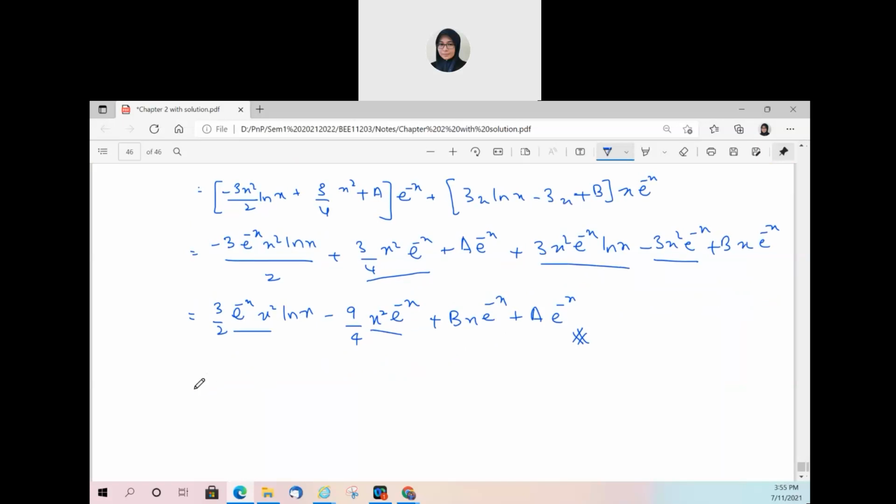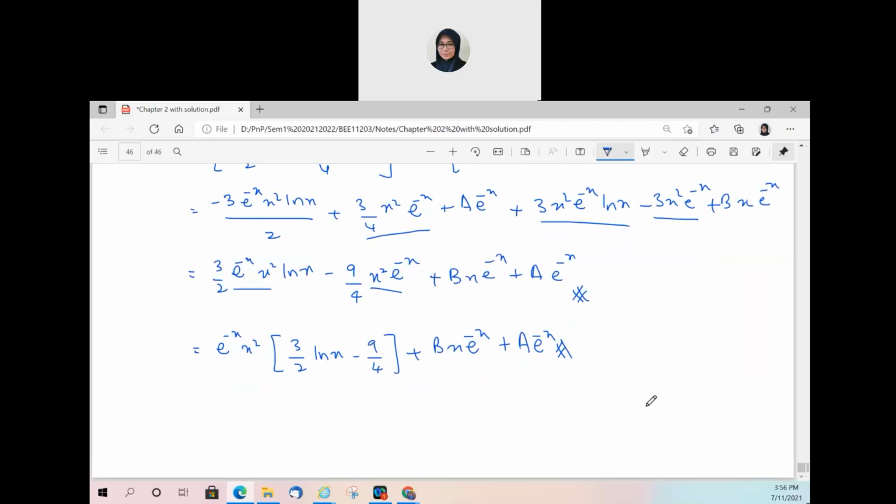Then it will be e^(-x), here you have x squared (3 over 2 ln x minus 9 over 4) plus bx e^(-x) plus a e^(-x). Okay. Understand?